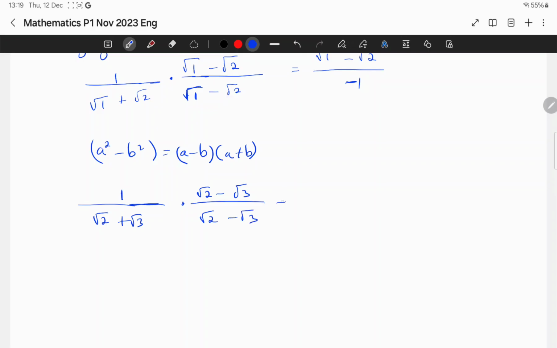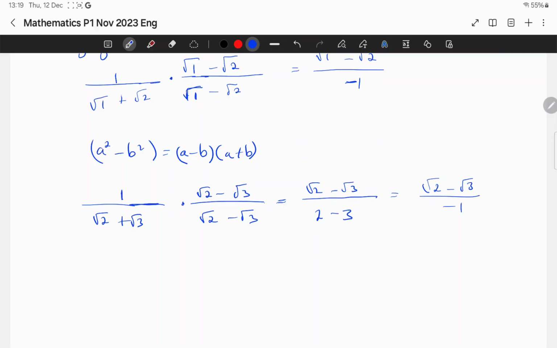What does that simplify to? A root 2 minus root 3 over, similarly here as well we apply the difference of squares, 2 minus 3. That simplifies to root 2 minus root 3 over negative 1.